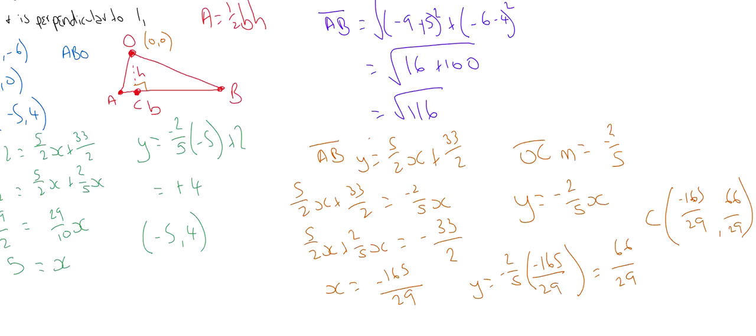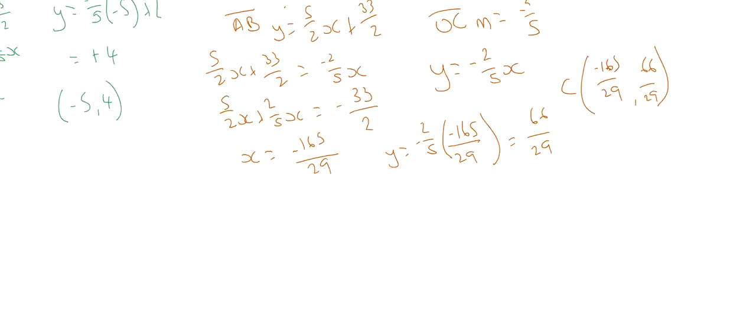So again, let's do that. I'm going to pick a new color. Okay, so OC is going to equal the square root of, well, it's really just the square root of these 2 things added together, isn't it? Because I'm just subtracting 0 from them both. So -165 over 29 squared plus 66 over 29 squared, square root of all of that gives us a pretty ridiculous answer.